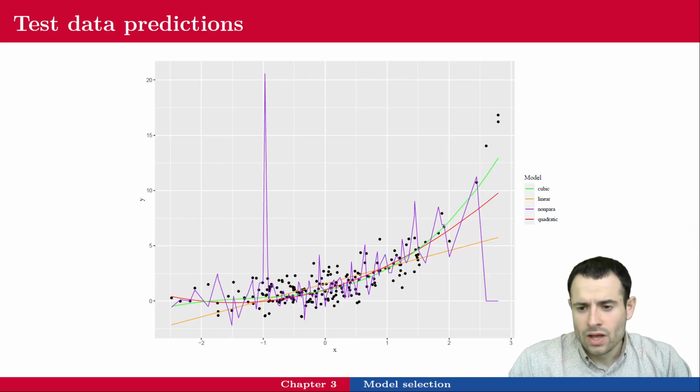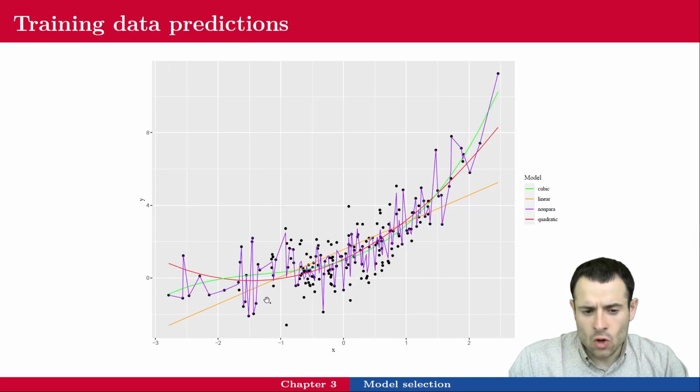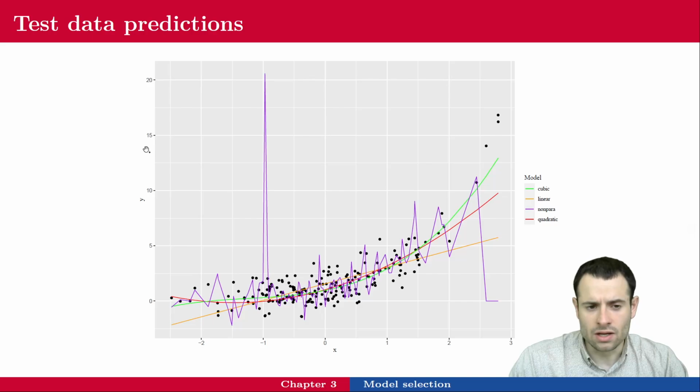Note that this orange line here looks like it has a different slope than the previous one. The slope is exactly the same. It is just that the graph is on a different scale. You see here there is number 8, whereas here we are at number 15, which is why it looks flatter.